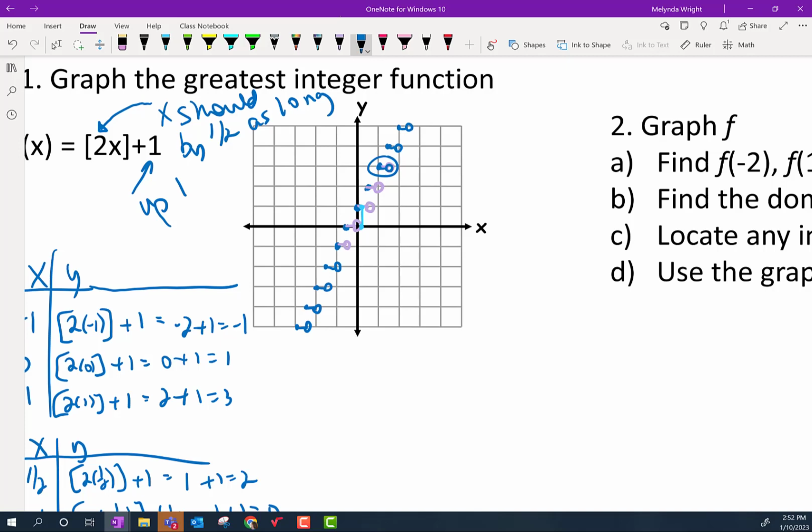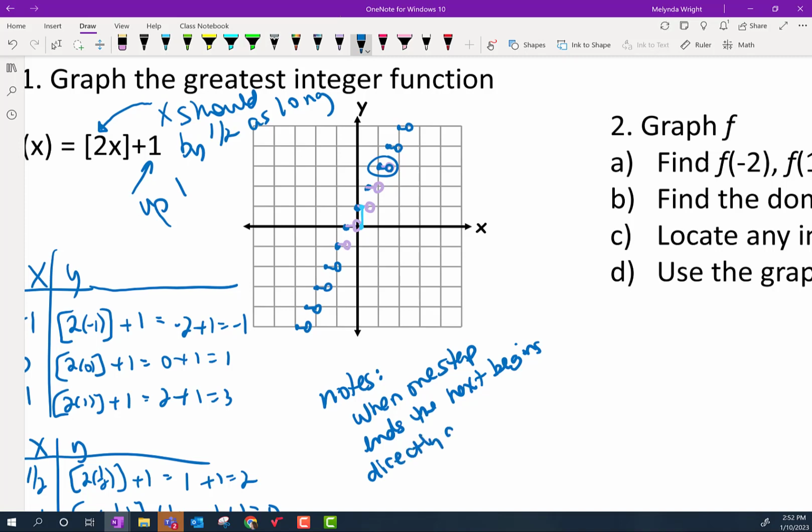Okay, so a couple things about the greatest integer function. Let's just write some notes. One note is when one step ends, the next step begins directly above it.